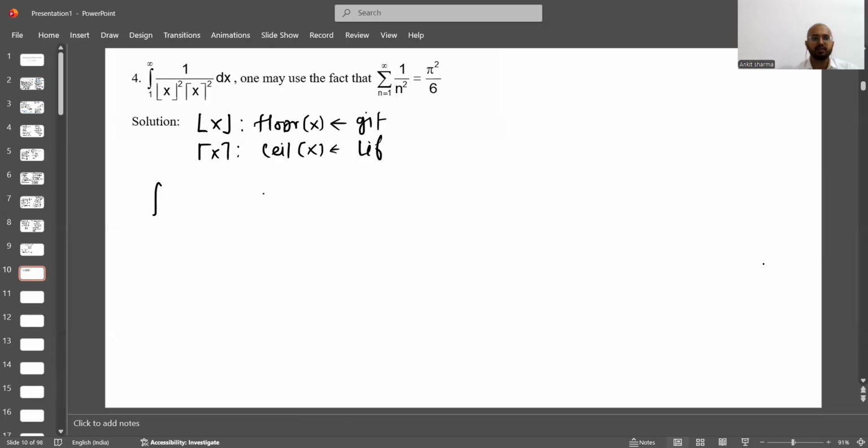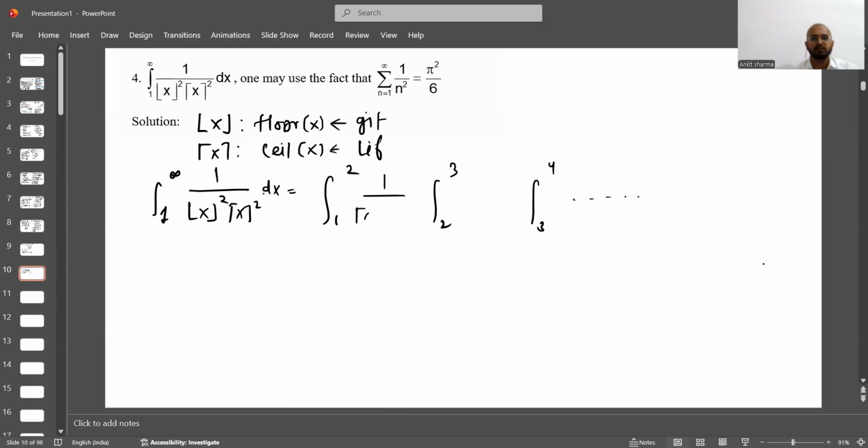So when I have the integral from 1 to infinity of 1 over floor of x squared times ceil of x squared dx, this will be written as the integral from 1 to 2, 2 to 3, then 3 to 4, and so on.